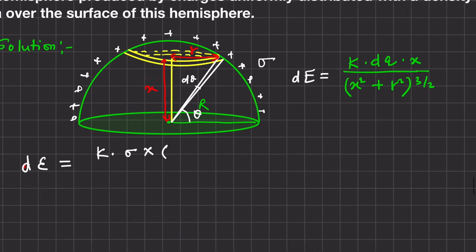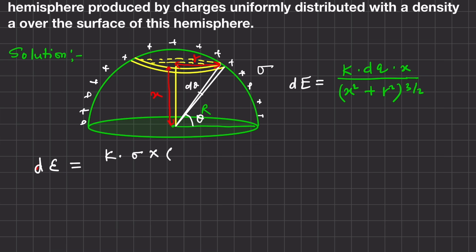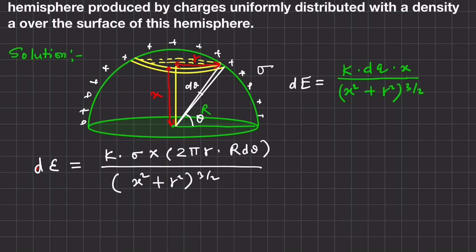So now let's approach this problem, guys. Now, if you see here, I can write k sigma, and then I can go this way, that this will be 2 pi small r into r d theta divided by (x square plus r square) to the power 3 by 2 into that x is also there here, guys.